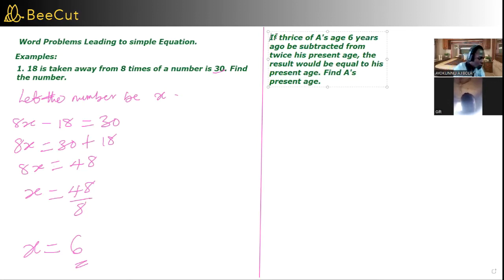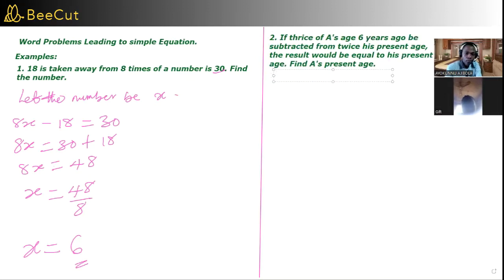So in this case, this is number 2. We have 3 times the person's age, say thrice, the person's age 6 years ago. So we don't know the person's age 6 years ago. We have to represent that with a number, so the current age could be X. So if the current age is X, we can say 6 years ago is X minus 6 years.